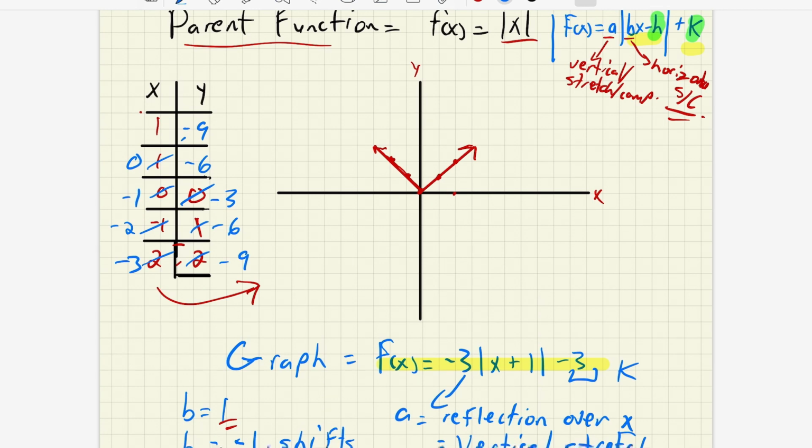So our first point over here, we have a point at 1 and negative 9. So I'm going to extend this graph just a little bit to make sure it hits the negative 9. So when x is 1, we have y at negative 9. Okay, so 1, and then we go down 1, 2, 3, 4, 5, 6, 7, 8, 9. Okay, so we got this.